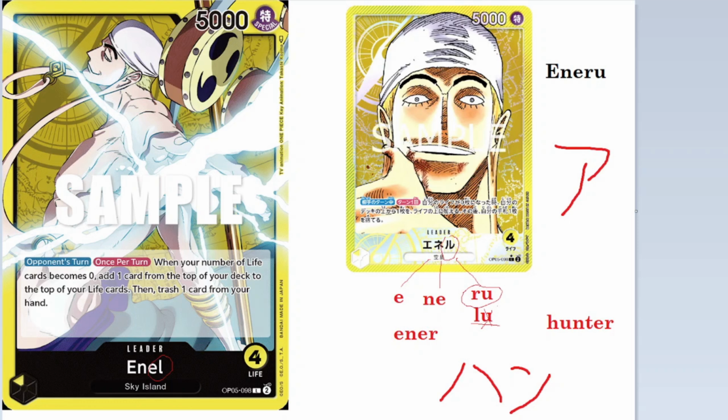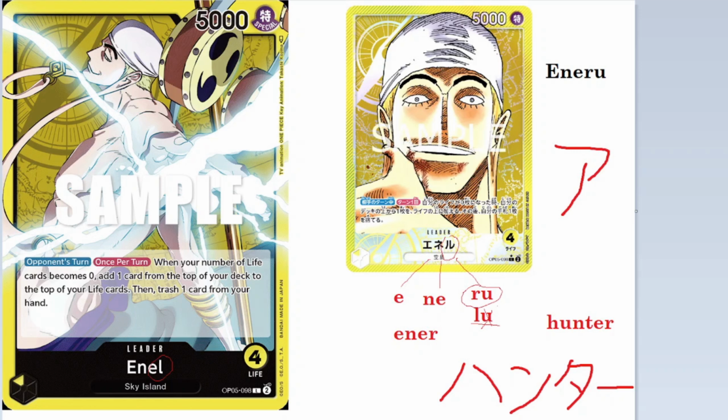If I can remember what ta is, I believe it's this. And then a line, meaning you hold out the last vowel. So ta with an extra ah. And all together you get Hanta. That's how you would convert the name Hunter into katakana.